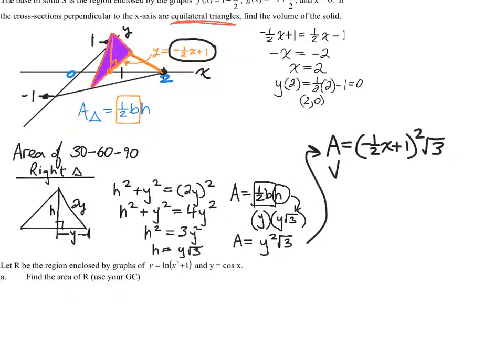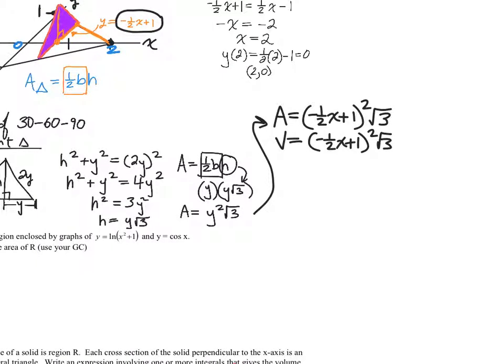If I want the volume of one slice, I take that and slap a dx on it. Almost said dy. That would give me the volume of a single triangular slice, right?